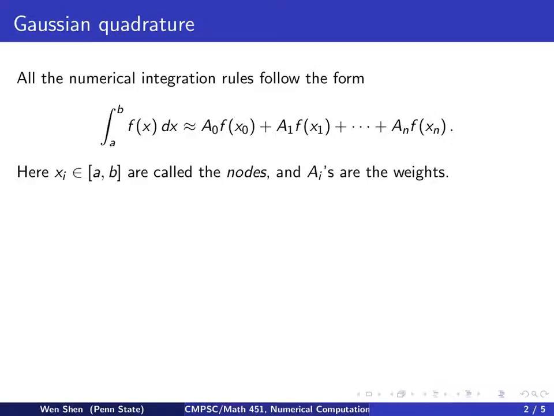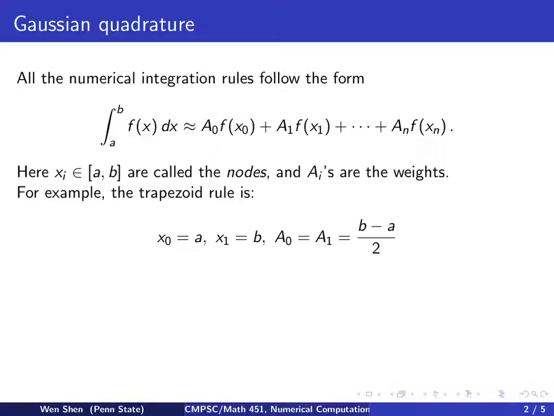What you do is each f(x_i) is multiplied by a_i, and you sum them all up. These x_i's are called nodes, and the coefficients a_i's are called the weights. Typically, in this formula, all the a_i's should add up to exactly b minus a, the length of the interval.